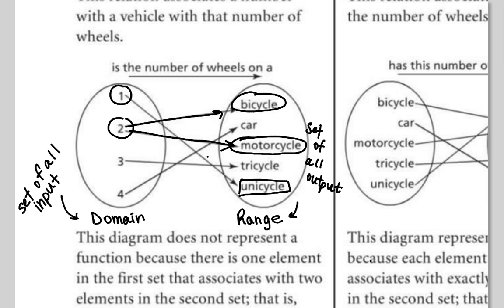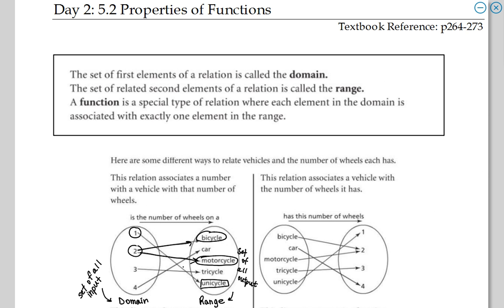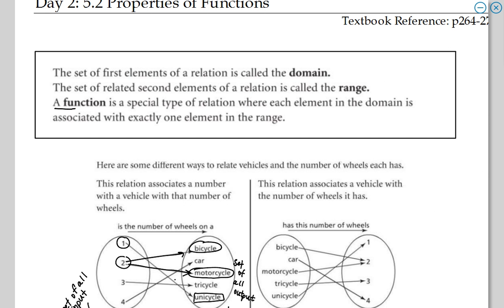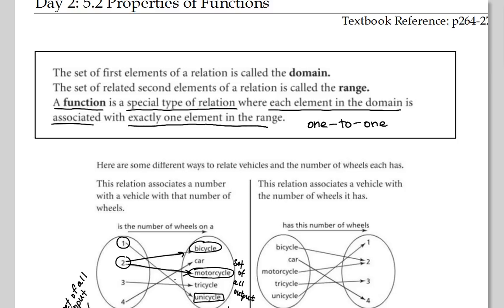So if we go up to this last definition at the top, it says a function is this special relation where each element in the domain is associated with exactly one element in the range. You can summarize that in this phrase here. One-to-one. Okay?